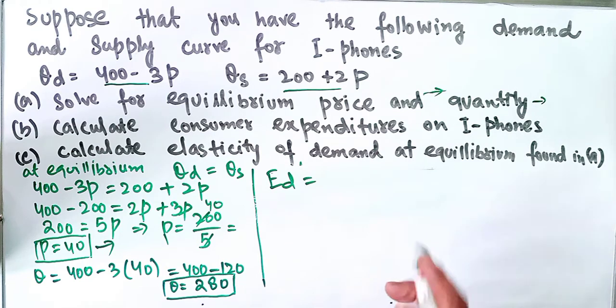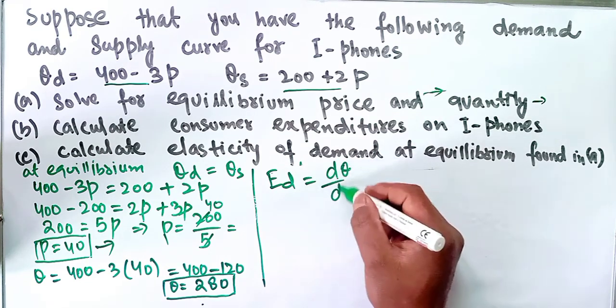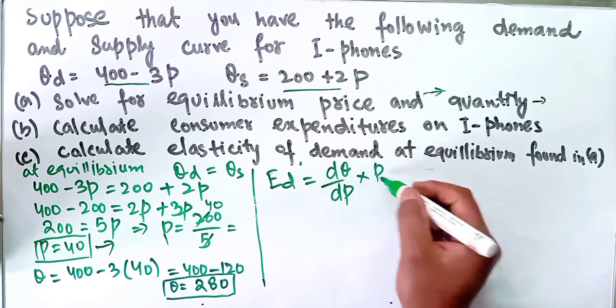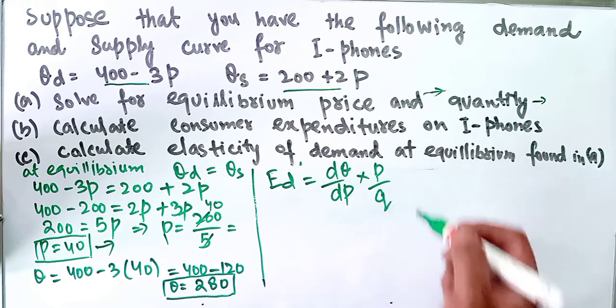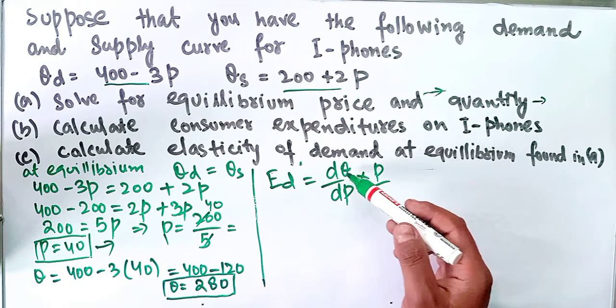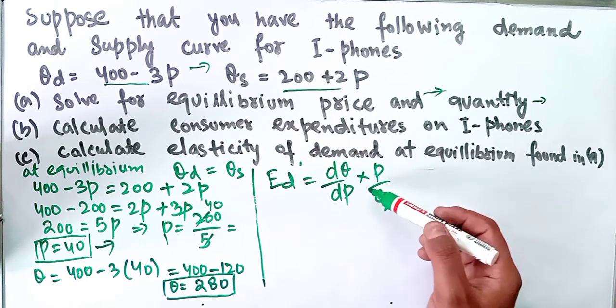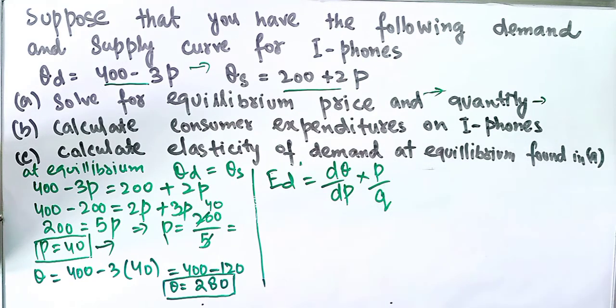Elasticity of demand is simply dq divided by dp times p by q. Okay, dq divided by dp, this is simply the derivative of the demand function with respect to price times equilibrium price divided by quantity.